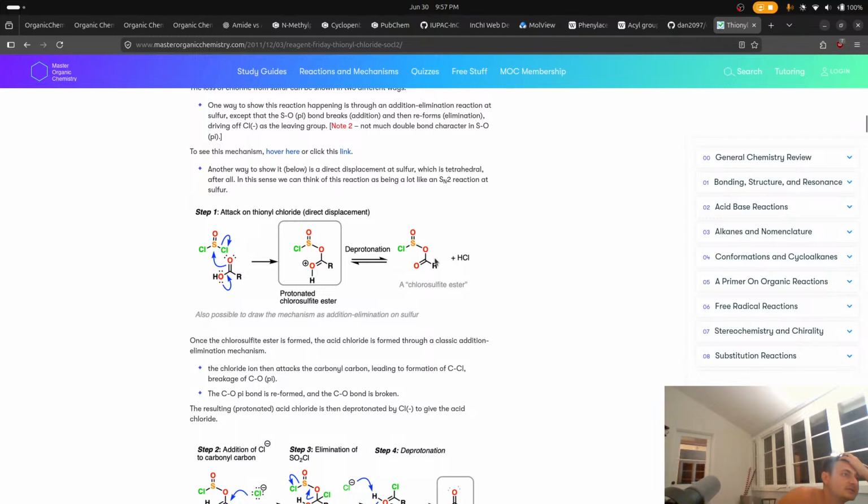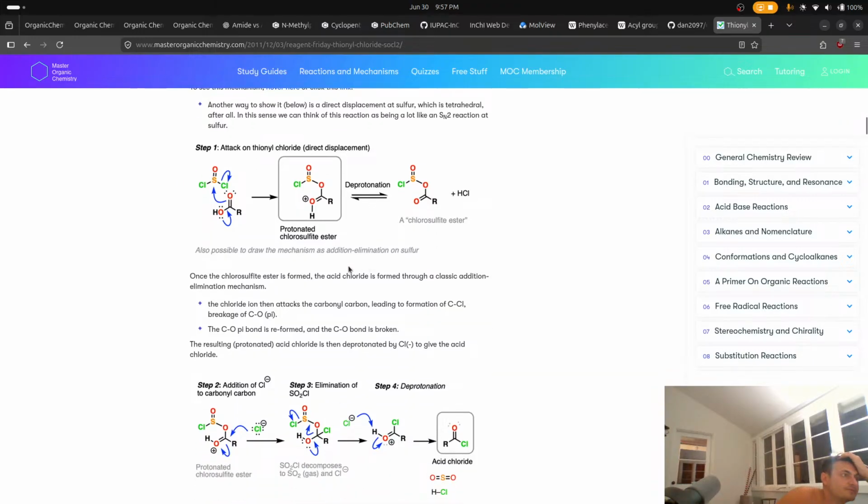So that makes sense. Okay, so Cl picks up a proton or something like that. Once the chlorosulfite ester is formed, the acid chloride is formed through a classic addition-elimination reaction. The chloride ion then attacks.